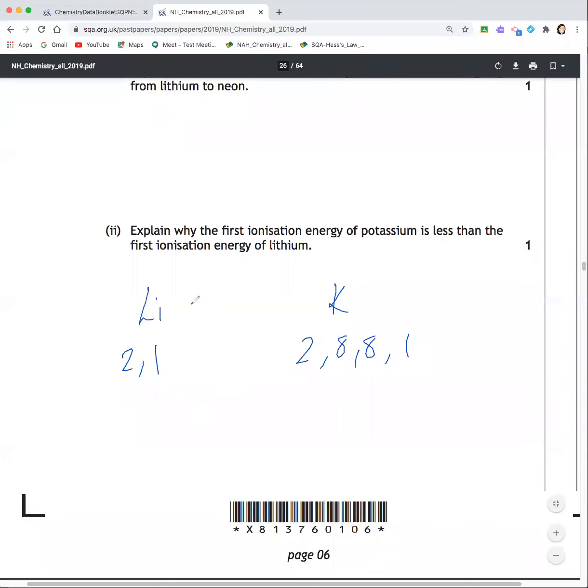In the ionization, remember you're trying to remove an outer electron. So if you were trying to remove the one in potassium, there's a lot more electron shielding happening because of the more inner electron shells.